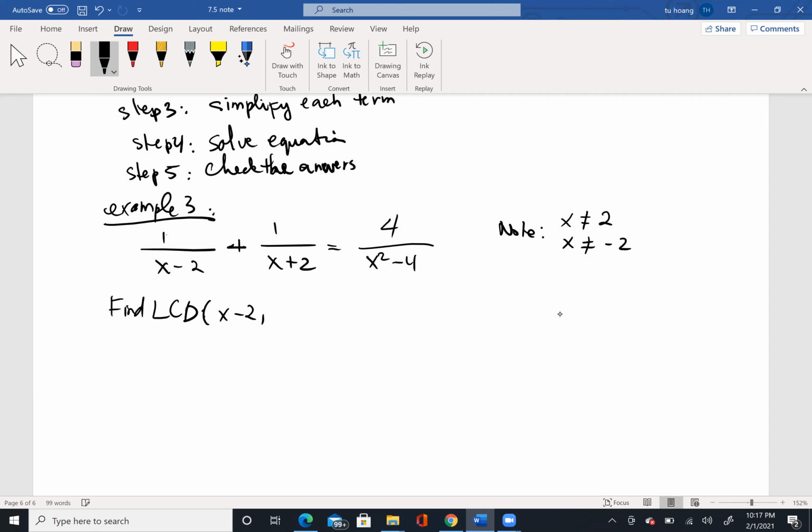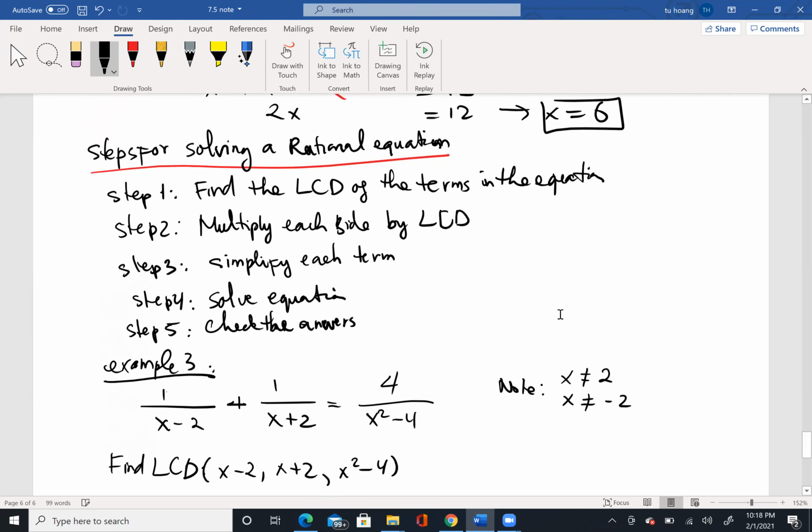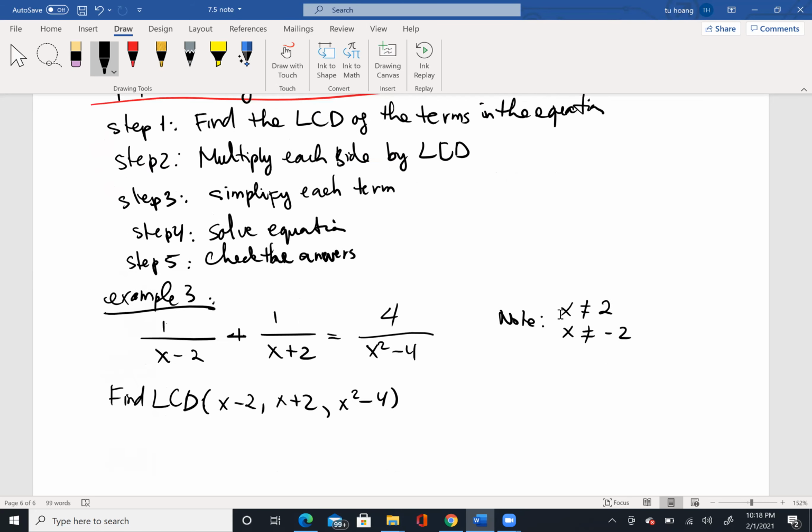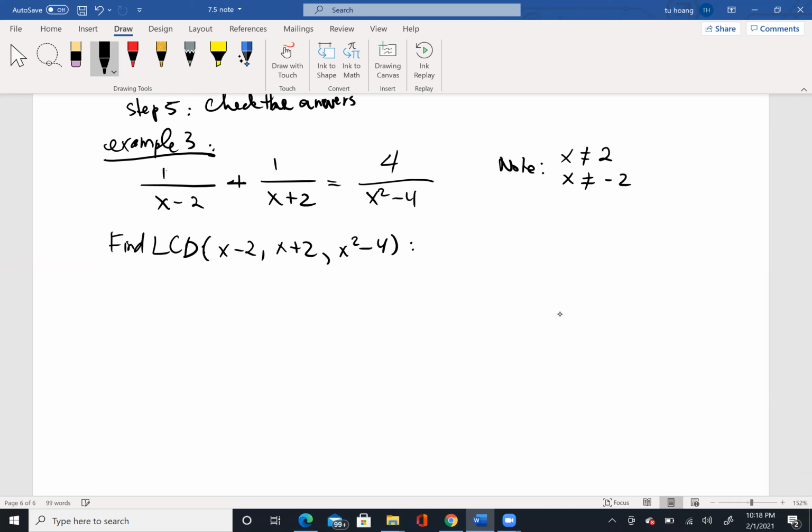Now let's find the LCD of x minus 2, x plus 2, and x squared minus 4. Remember that step 1 is to find the LCD. For x minus 2, I put it down here, and x plus 2 here.